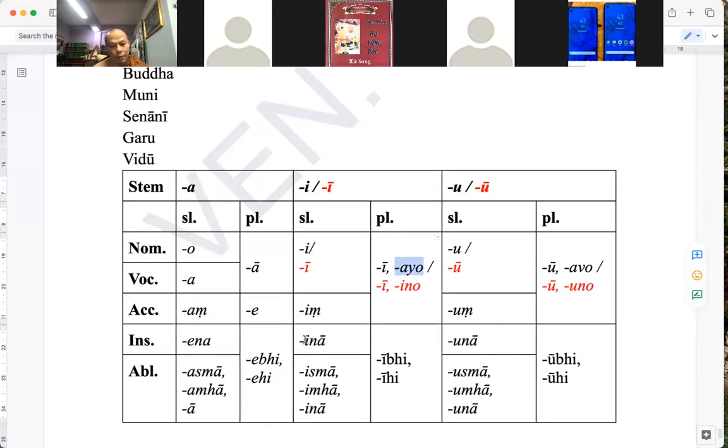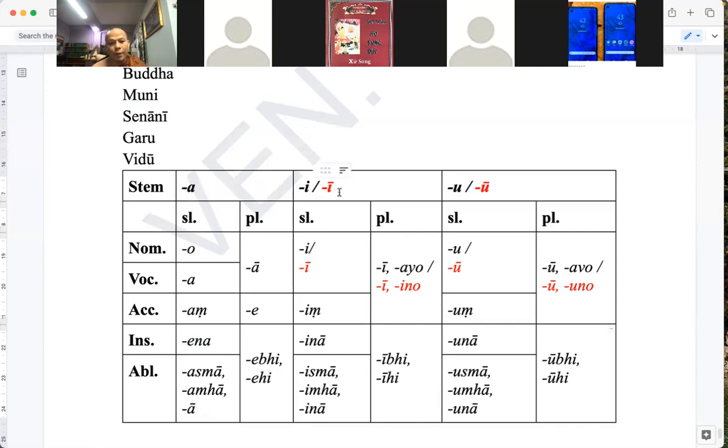And the instrumental, muni na, muni bi, muni hi. And the ablative case, muni sama, muni ma, muni na, muni bi, muni hi. So we can summarize in this way with this chart.